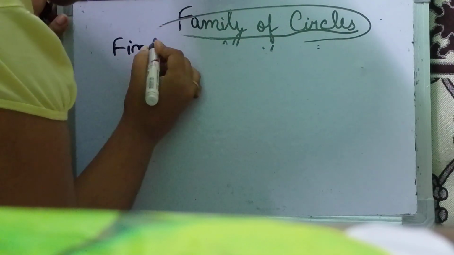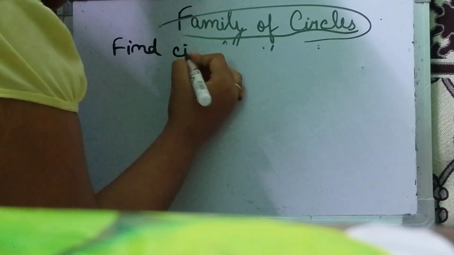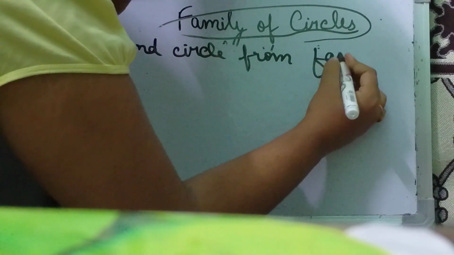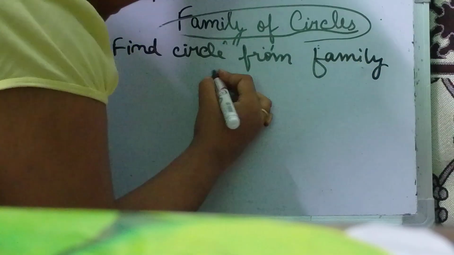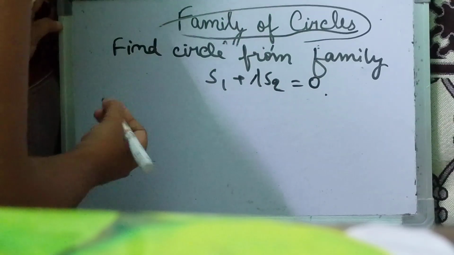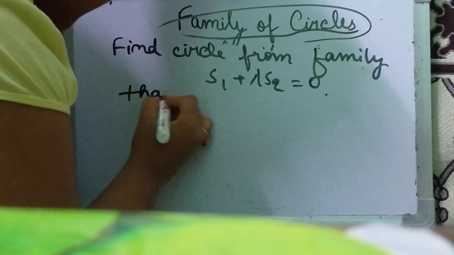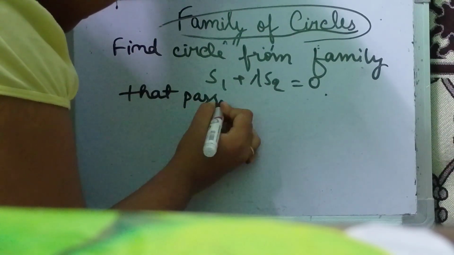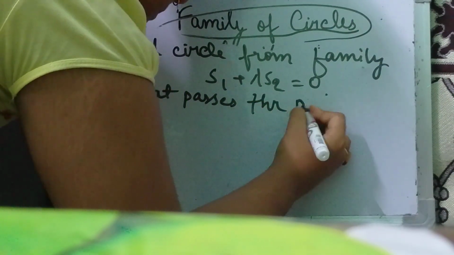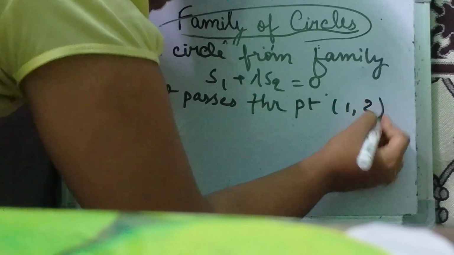Find the circle from the family S1 plus lambda S2 equals 0 that passes through the point 1 comma 2.